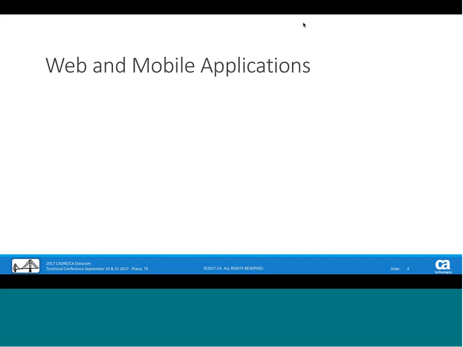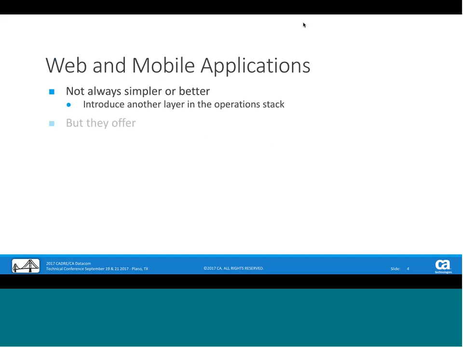So with these considerations, you might think a web and mobile application would be a good idea, but that's not always true. Often you're introducing another layer which can make your system a bit more complex.